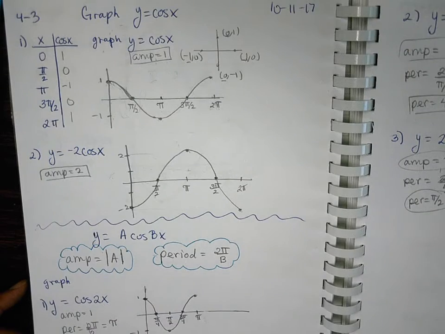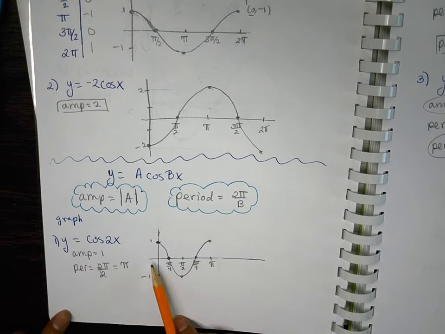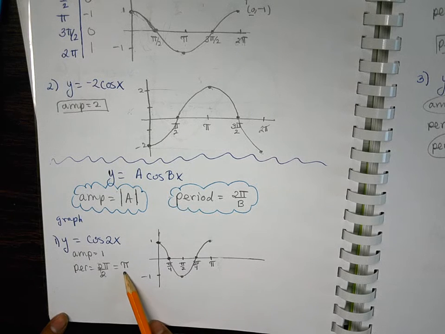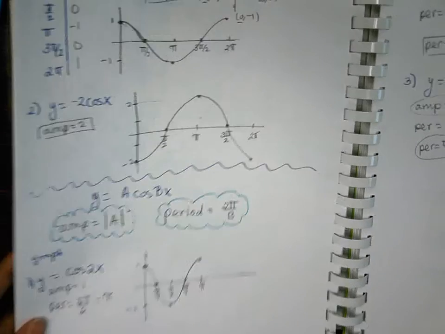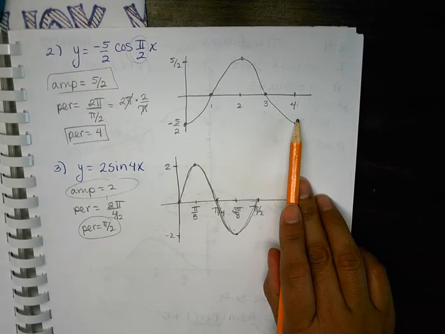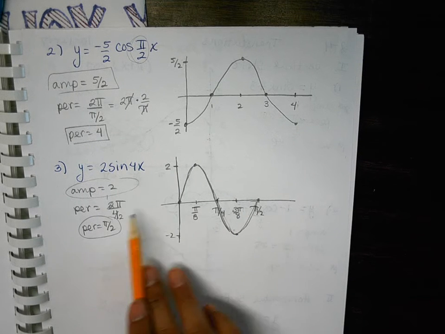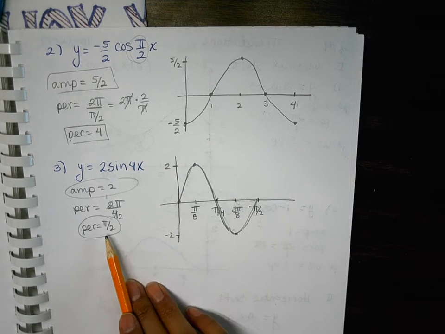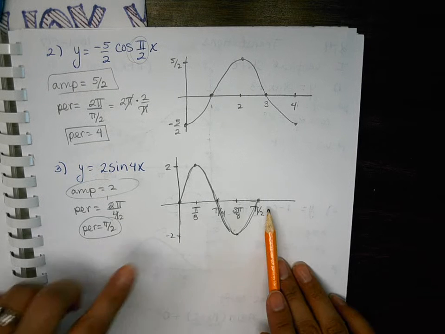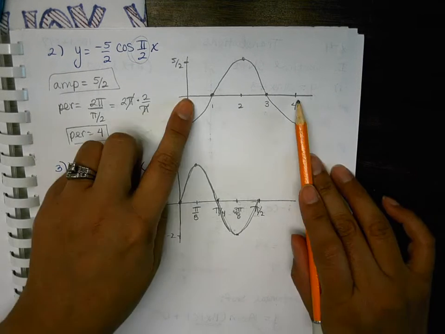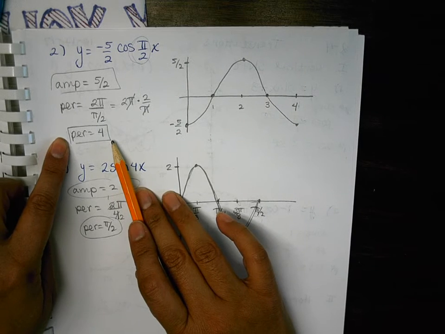So this one here, we started at 0 and we ended at pi because the period is pi, right? Start at 0, end at 4 because the period is 4. Start at 0 and end at pi over 2, again because the period is pi over 2. So the length here is always the period length. The period length is pi over 2. The period length is 4. Does that make sense? Okay.